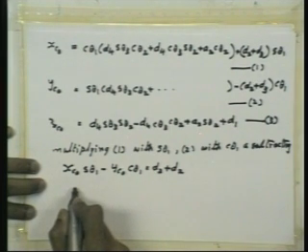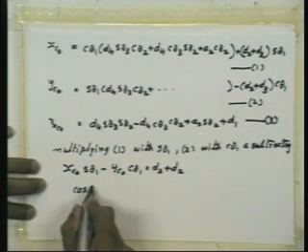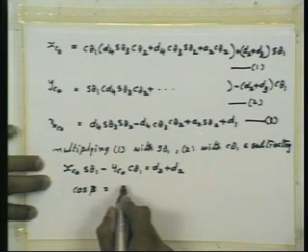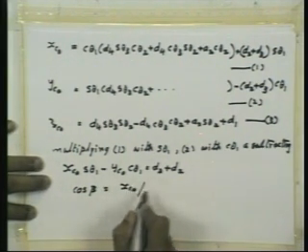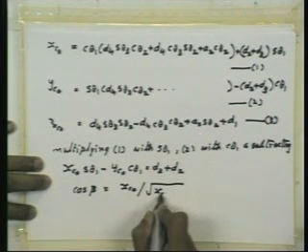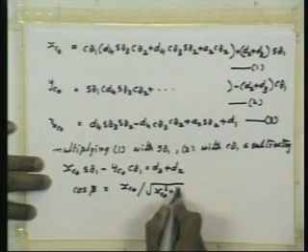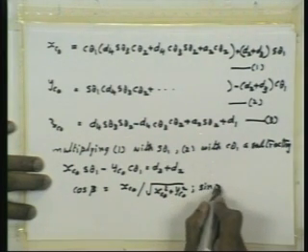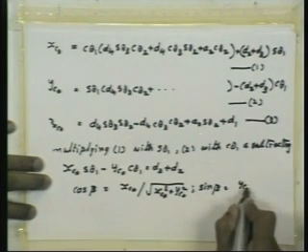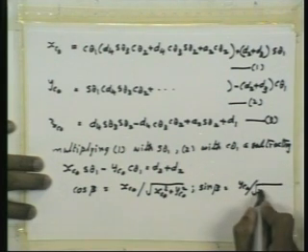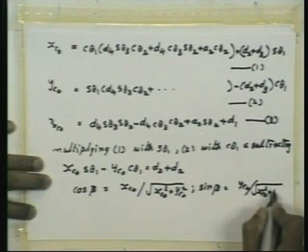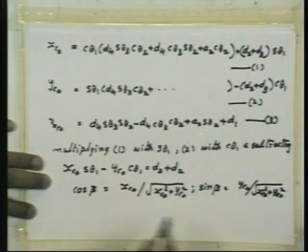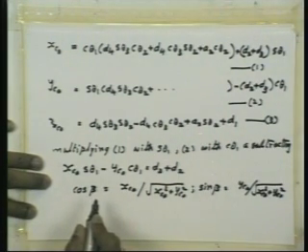So, let cos beta equals xc0 divided by root of, and similarly sin beta equals yc0 divided by the same. If you use that substitution and substitute, you get the following.